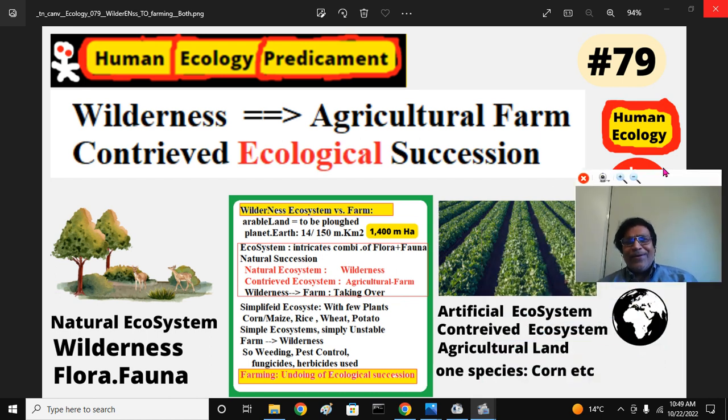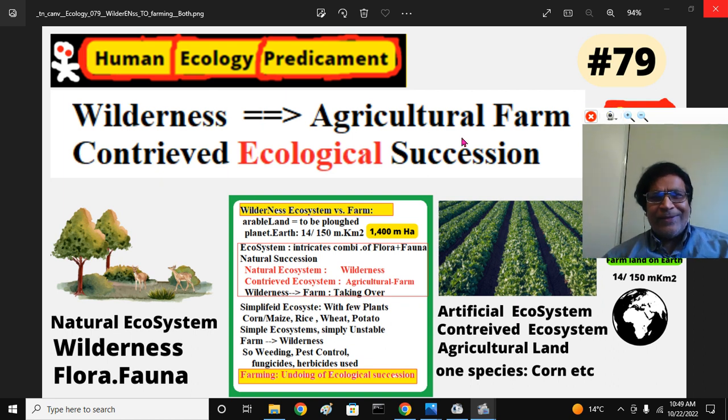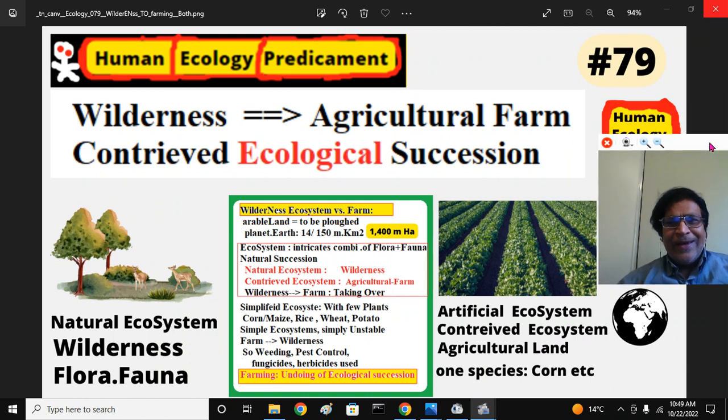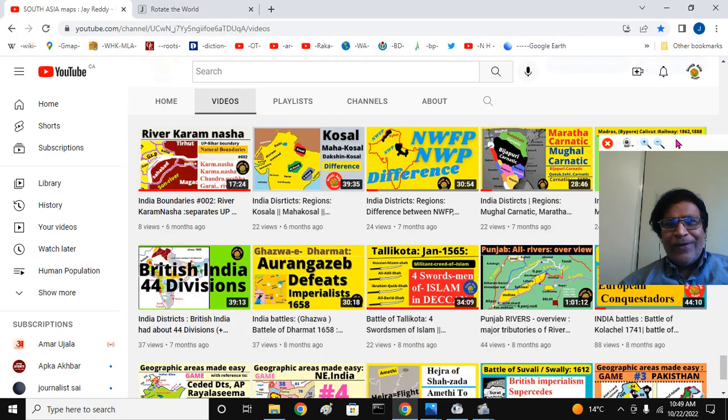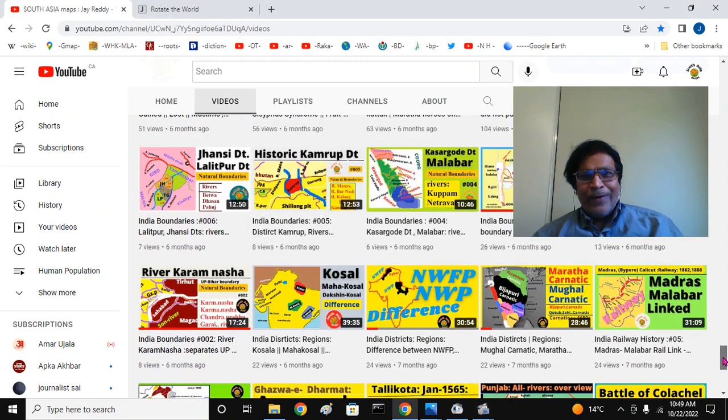Today we are going to discuss a very interesting aspect called ecological succession. Ecosystems: natural ecosystems. You can see a natural ecosystem here, and you can also see an ecosystem called a contrived ecosystem, agricultural land.